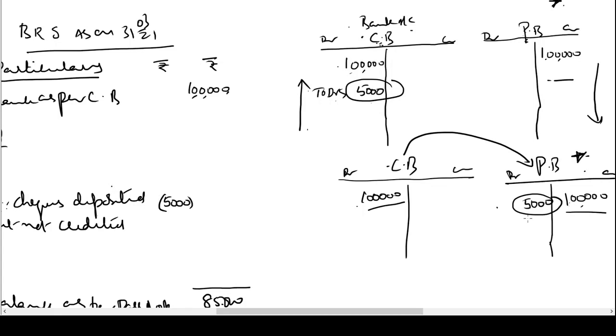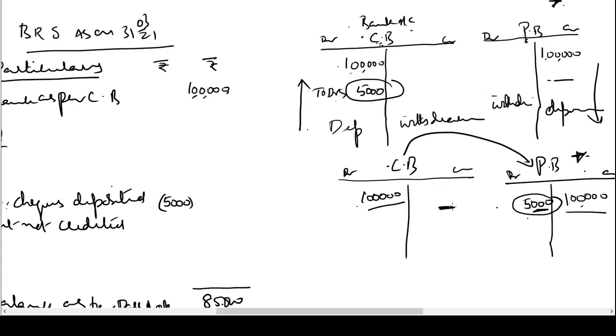That will record a withdrawal on the debit side. If you remember earlier, we said cash book debit side is deposit, credit side is withdrawal. Passbook credit side is deposit and debit side is withdrawal. So bank has made a payment, so it will record it on the withdrawal side, 5,000 rupees.